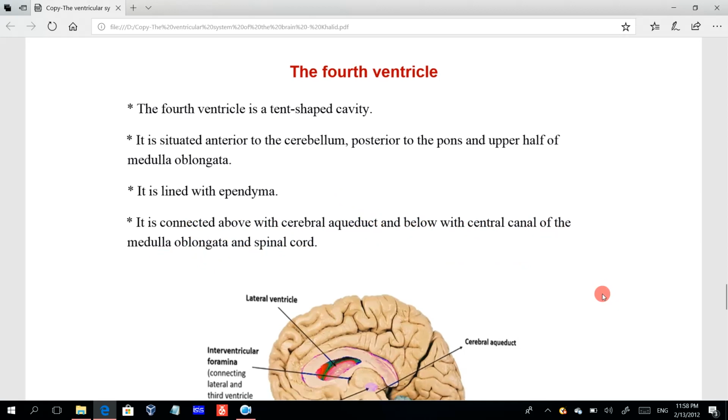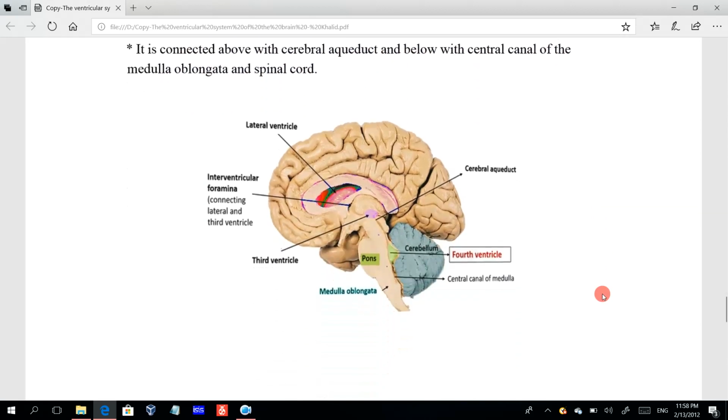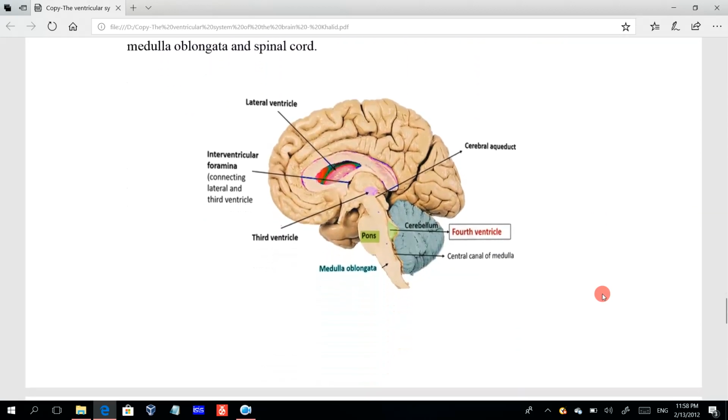You see, this picture also shows you, just as a repetition, the position of the ventricles and the foramina. This is the lateral ventricle, and this is the third ventricle, and this is the cerebral aqueduct, and this is the position of the fourth ventricle between the cerebellum and the pons and upper part of the medulla oblongata.